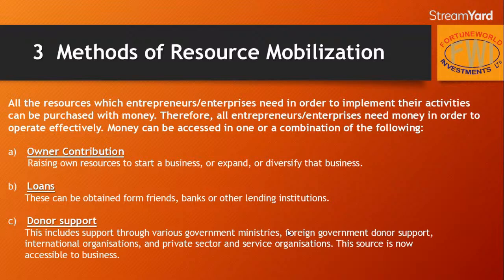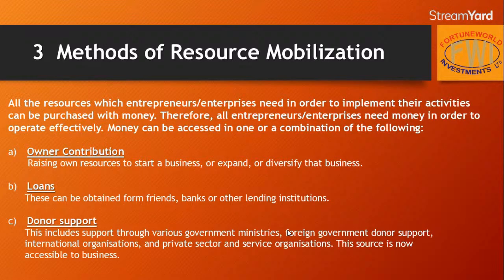Methods of resource mobilization. Now, all the resources which entrepreneurs need in order to implement their activities can be purchased with money. Therefore, all entrepreneurs need money so that they can operate in an effective manner.